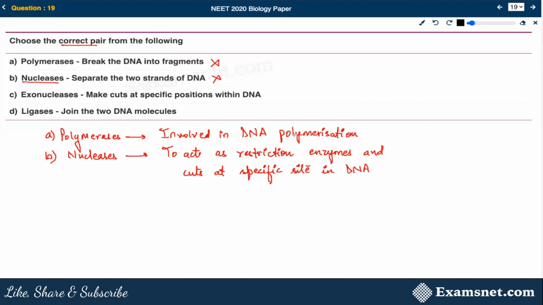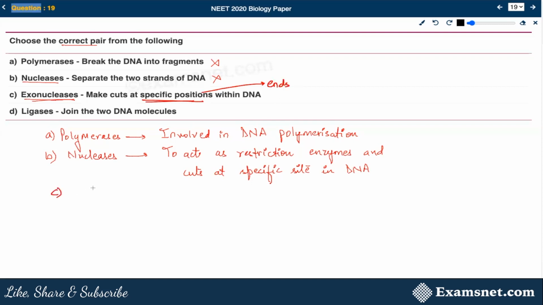The next statement says exonucleases make cuts at specific positions in the DNA. Exonucleases are actually responsible for making cuts at the ends of the DNA, not at specific positions within it.